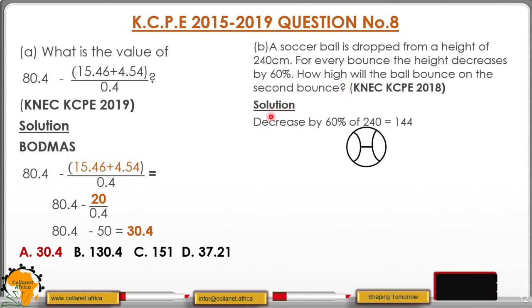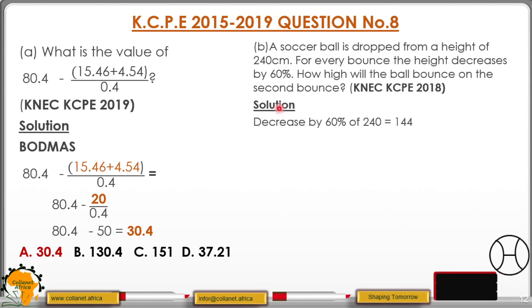So solution, decrease by 60% of 240. So meaning it is going to decrease by 144. So if it decreased by 144, it means if this was the initial height, the first bounce, it will decrease by this, so it will bounce that way at the first one, then second bounce.